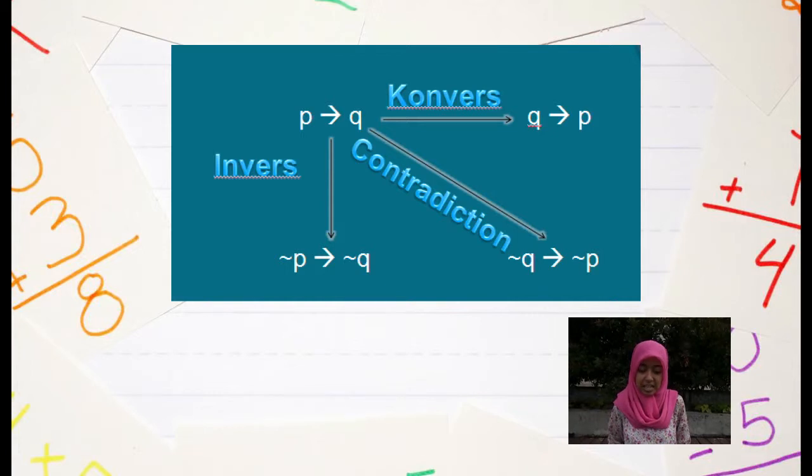Converse is the change from if P then Q to if Q then P. And inverse is the change from if P then Q to if not P then not Q. And the last is contrapositive. Contrapositive is a combination of inverse and converse, from if P then Q to if not Q then not P.